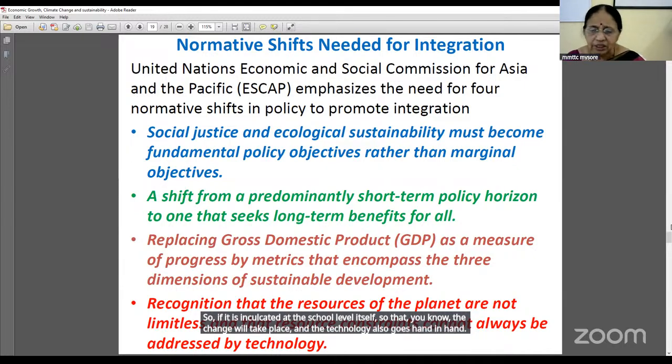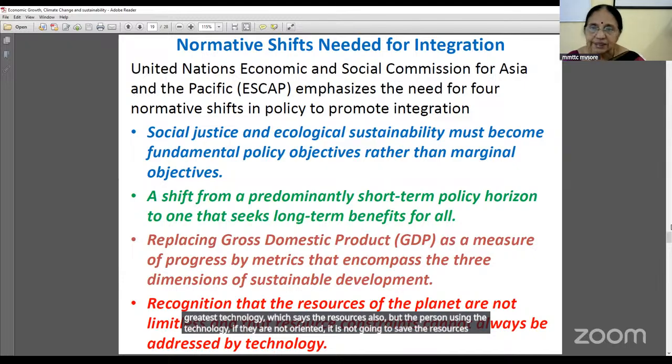Only technology or only attitude doesn't lead to sustainable development. Even if you develop the greatest technology which saves resources, if the person using the technology is not oriented, it is not going to save the resources.